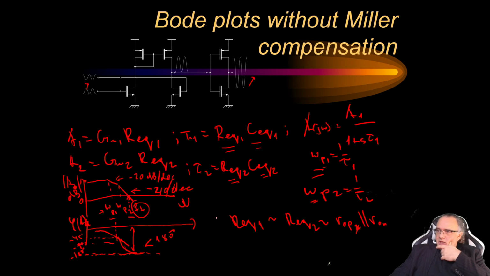If they are close to each other, they will have similar phase rotation, and both poles will contribute to the total phase rotation, and by the unity gain bandwidth ft, we may run into the risk of a total phase rotation close to 180 degrees.